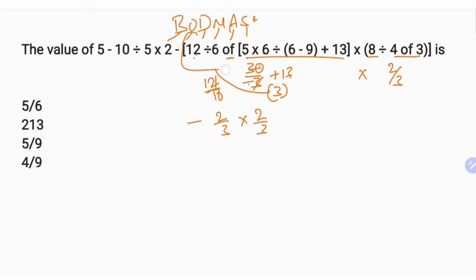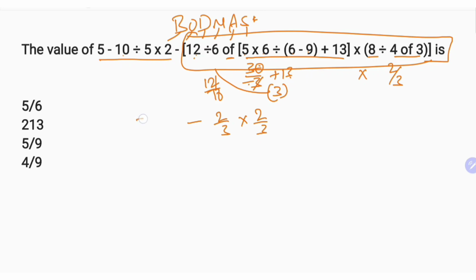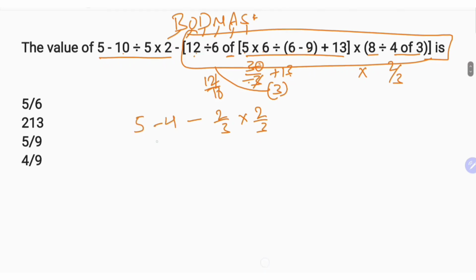And coming to this part, 10 by 5 is 2, 5 minus 4 by 9, 1 minus 4 by 9 means 5 by 9.